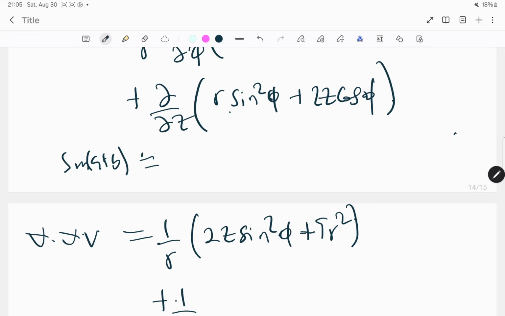We get sine A cos B plus sine B cos A, right? Yeah, cos A.